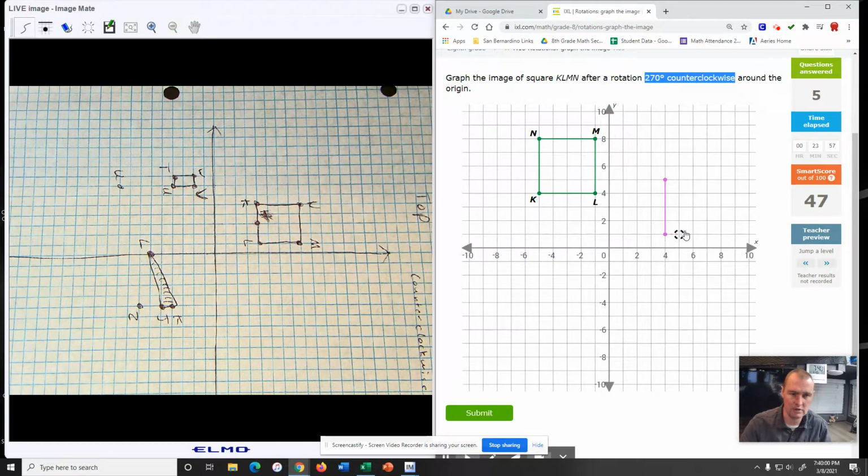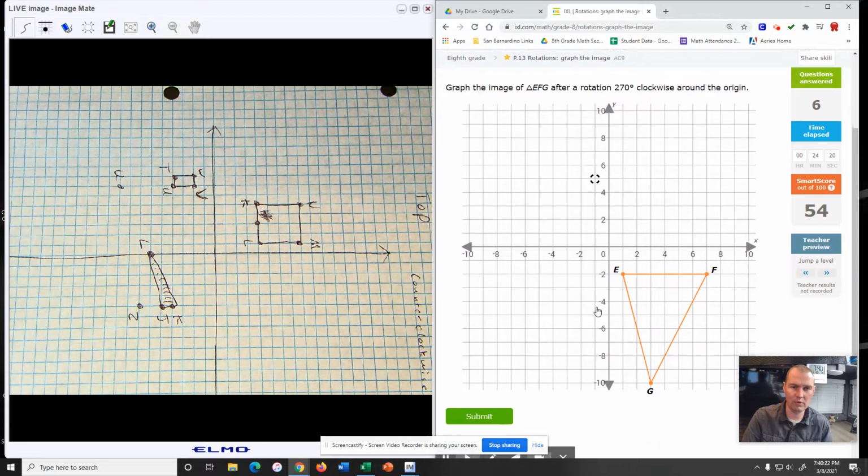And here we go, IXL, 1, 2, 3, and 4. And because it's a square, N has to be up 4 from M. Because a square is a square. It still has to be a square when it's done. And there we go. That is 270 degrees counterclockwise.